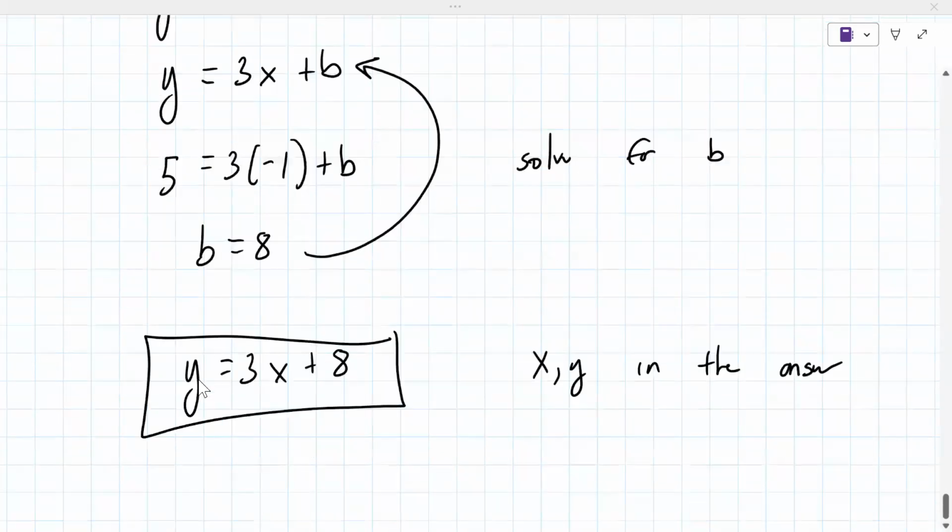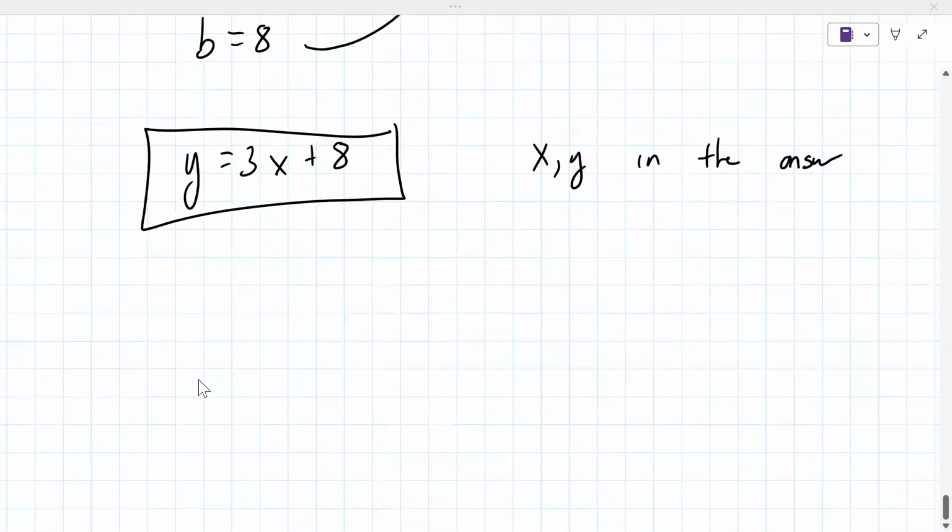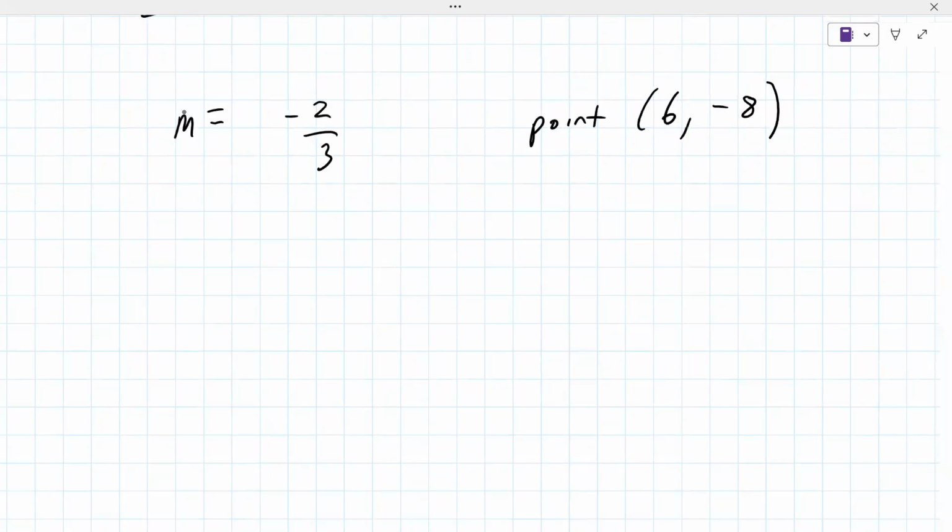Okay. So let's do another one. Let's say the slope this time is -2/3, and the point is 6, comma -8. So the slope could be a fraction. That's not unreasonable. It's y equals -2/3 x plus b.